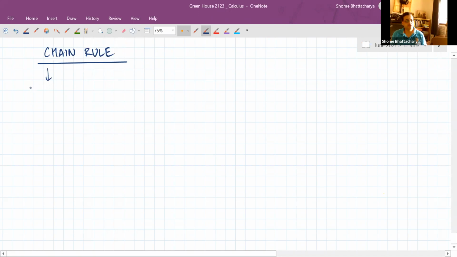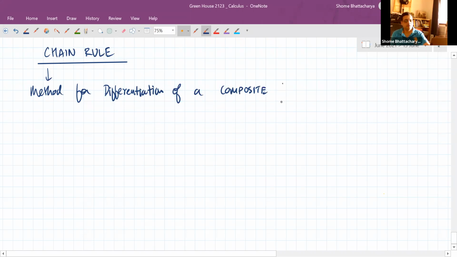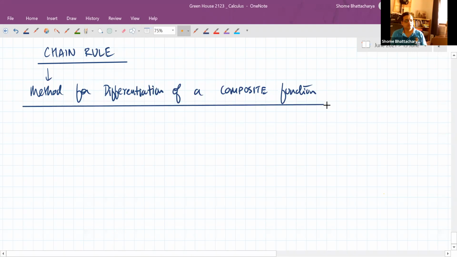So it is a method for differentiation of something called a composite function. A composite function is a type of function which in common language we say function of function, or two layers of functions, one on top of the other. That kind of operation is called a composite function.